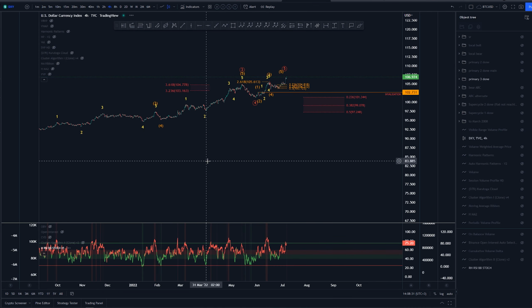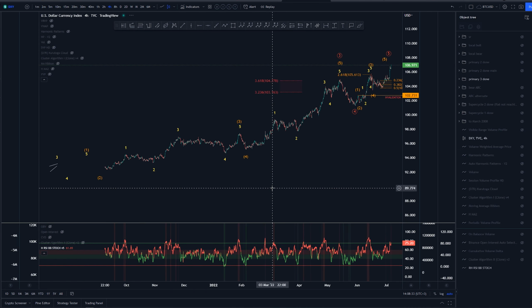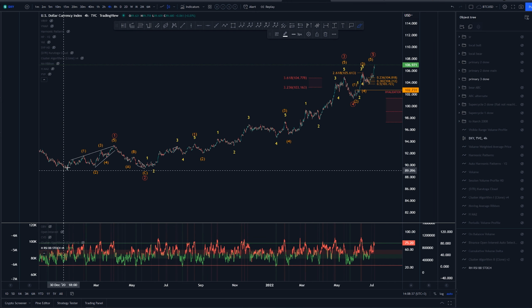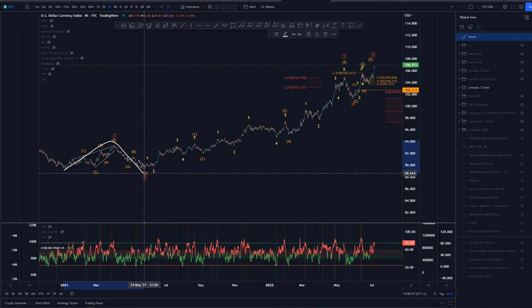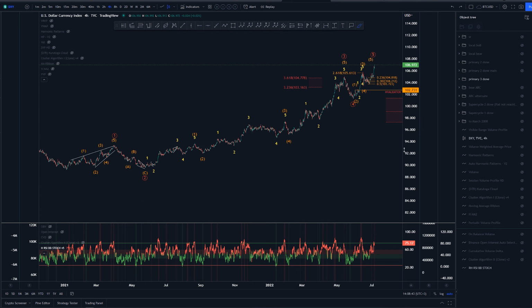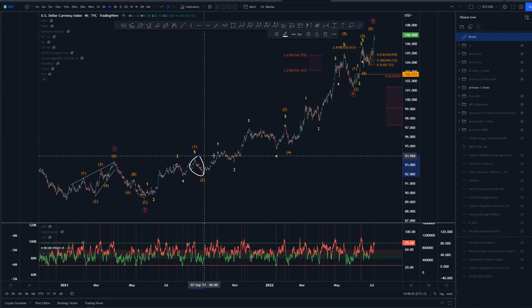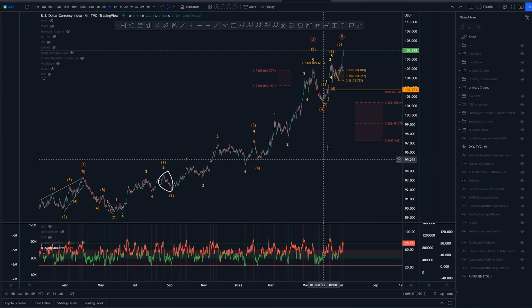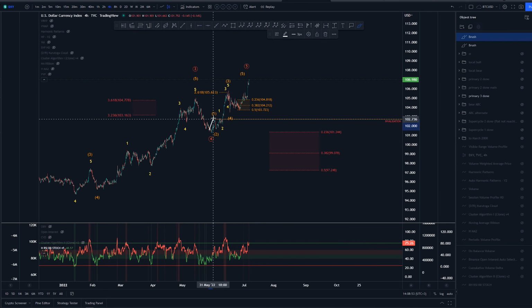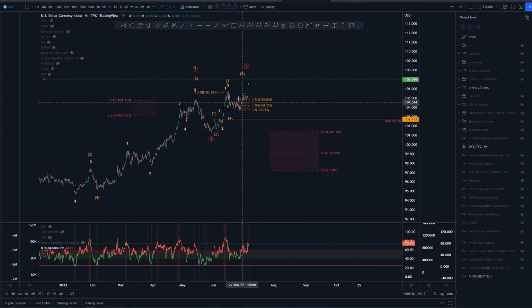Maybe the 4 hours should be fine. Zooming out a bit. There we go. So in this one, we have a scenario in which we have a 1, 2, 1, 2, 3, 4 and 5. There's no real alternation between the 2 and 4, which is why I don't really like this at the moment. In this one, however, we are expecting this wave 5 to end very soon.